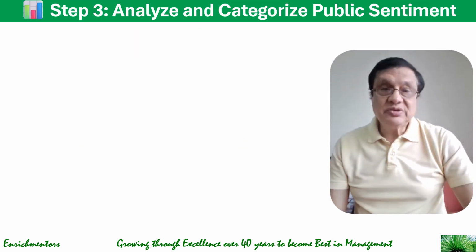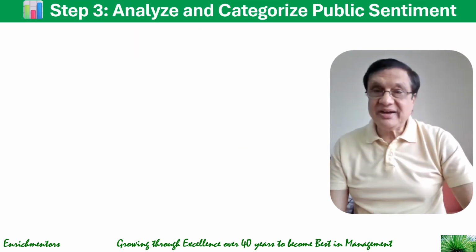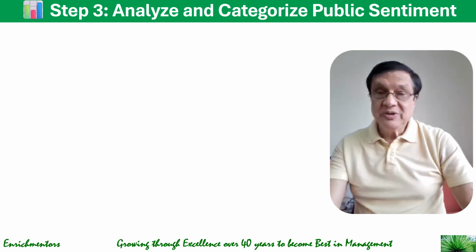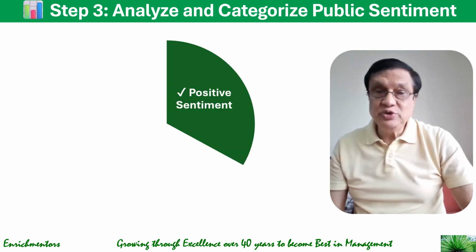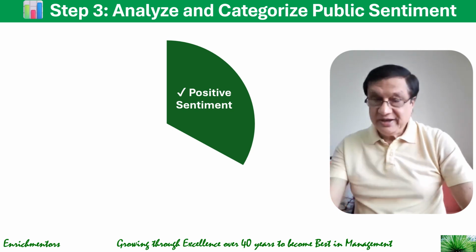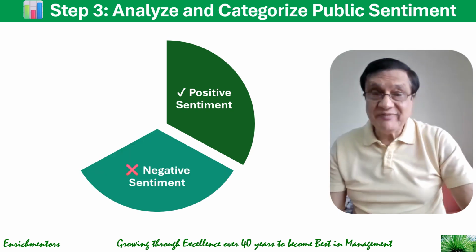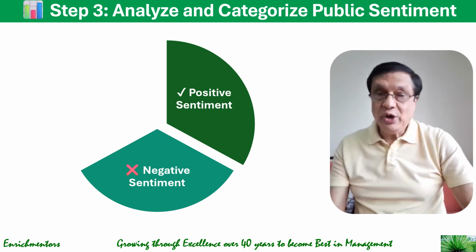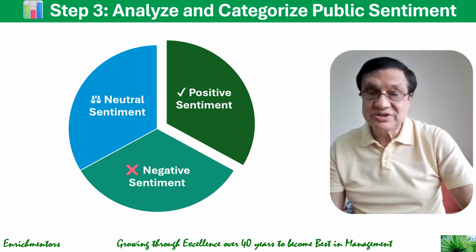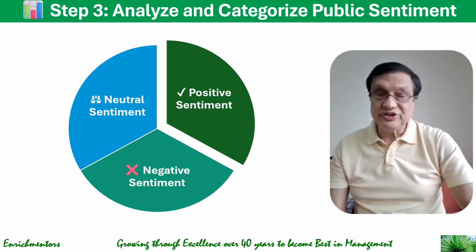So the next thing to do would be to analyze and categorize the public sentiments, which these social listening tools will be able to do for you. And they will categorize into three main types: positive sentiment, where you will find praise, support, or positive engagement for your brand; negative sentiment, where you will have complaints, criticism, or crisis related backlash; or there could be a neutral sentiment that's about information or unbiased mentions.